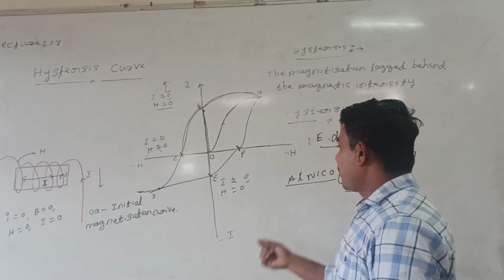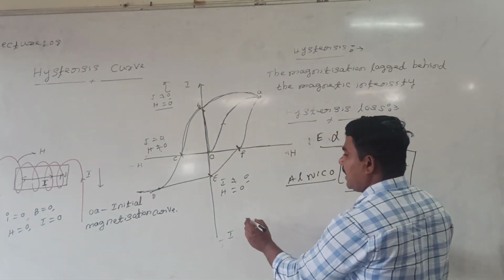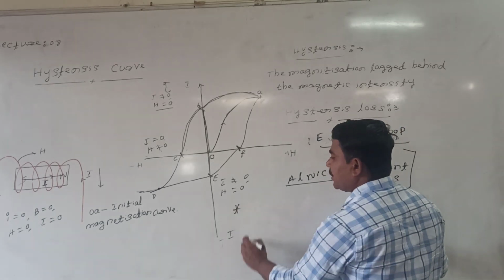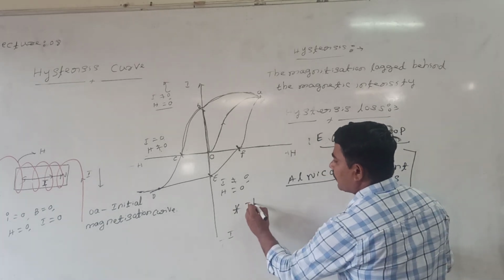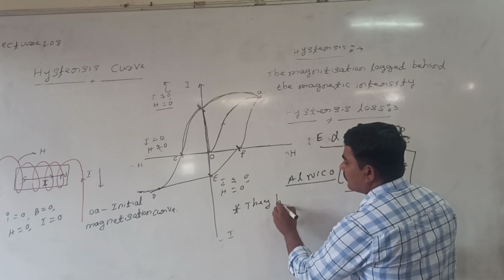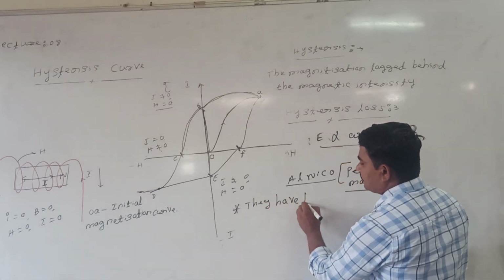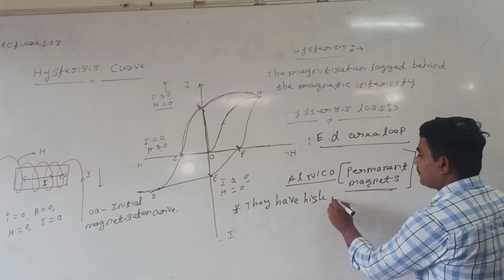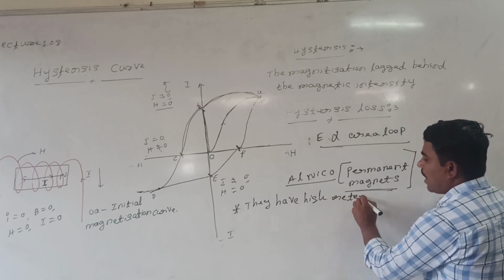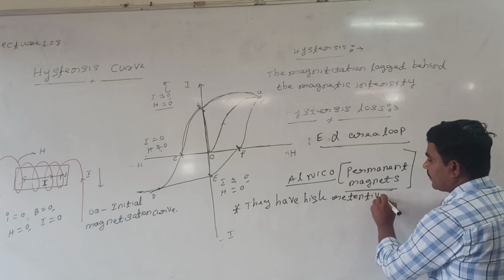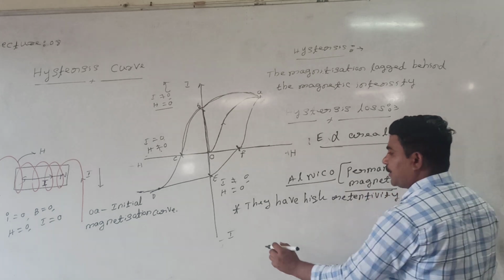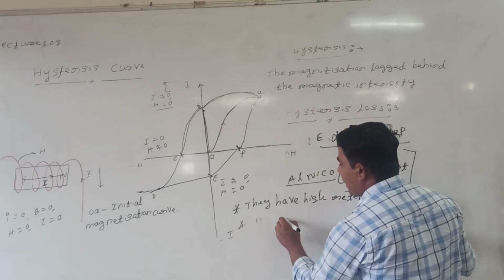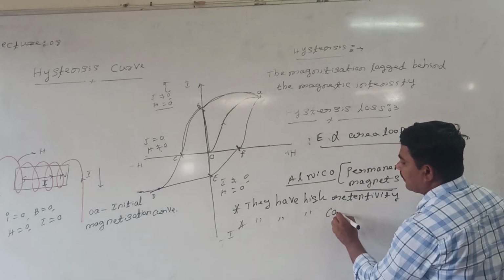So the permanent magnet must have high retentivity, and second, it must have high coercivity.